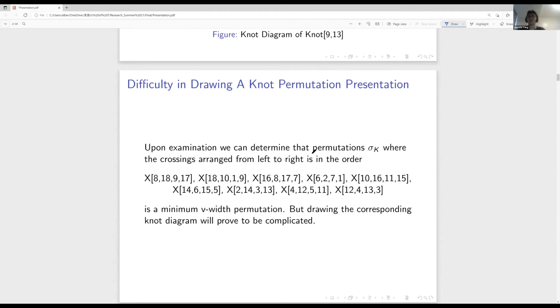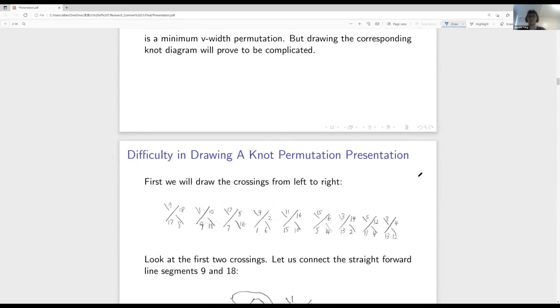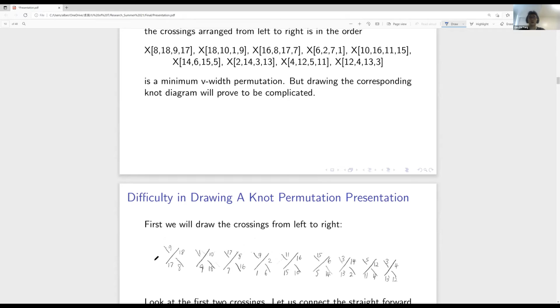Upon examination, we determine that the permutation where the crossings are arranged from left to right in this order is a minimum virtual width permutation, and to provide clarity, the order of the crossings is going to look something like this.